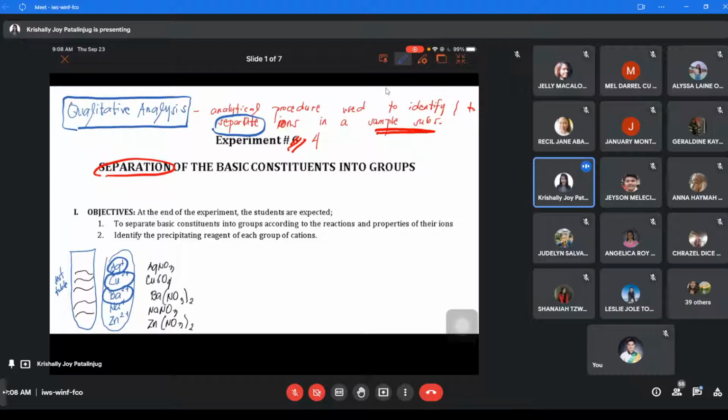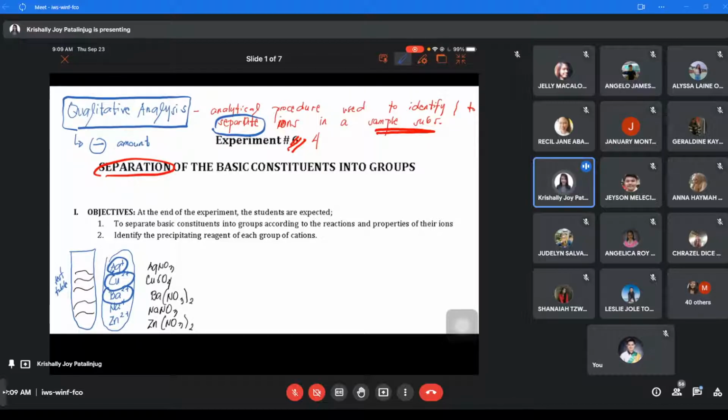I repeat, qualitative analysis has nothing to do with the amount, the quantity of the sample. Rather, it is more of a descriptive form of analysis. Its main focus is detecting ions in an aqueous solution, the quality of the solution itself.